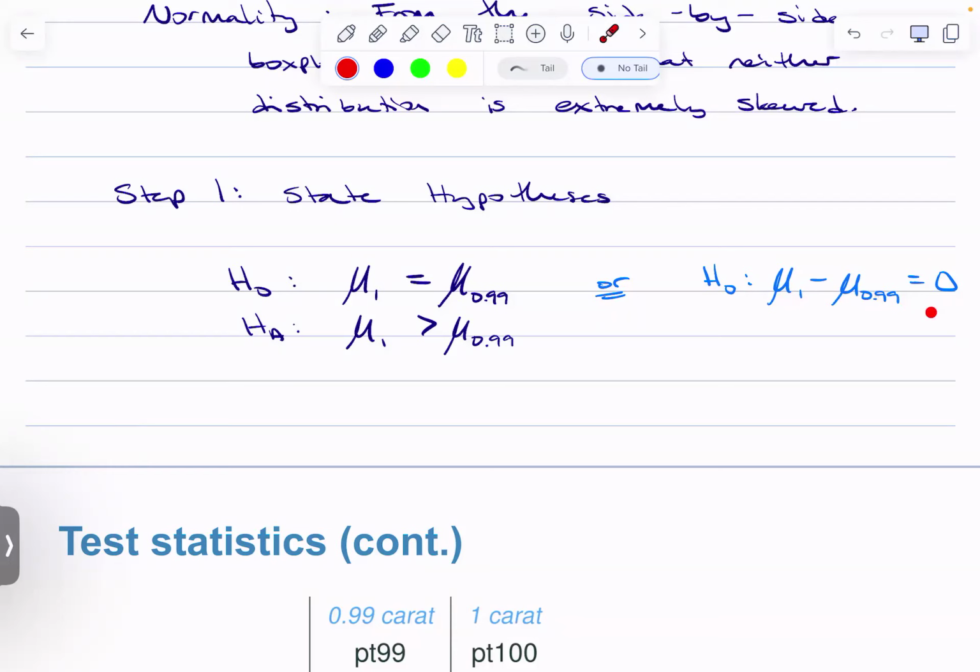Or if you just subtracted the mu of 0.99 over to the left, that's going to give you the same thing. But I do think it requires a smidge more thought if you're talking about the difference versus 0, as opposed to just comparing the two straight across. But it's up to you, whichever one you want.